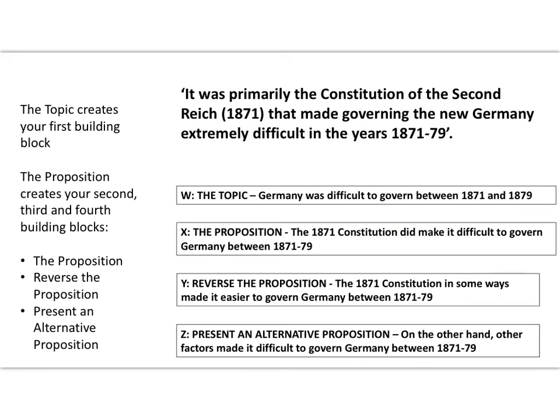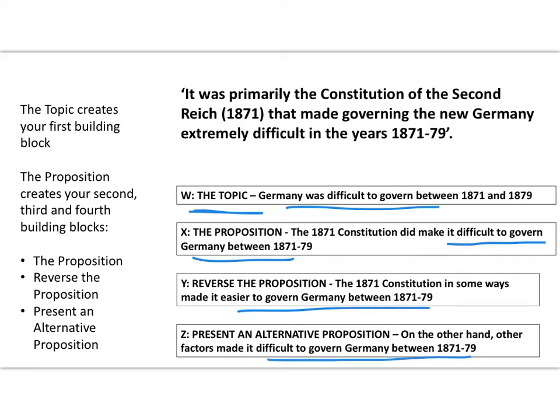So there is our topic. Germany was difficult to govern. And you'll notice here as well that even when we move into parts X, Y, Z of your answer, the topic is constantly there. It's the running thread. So the difficulties governing Germany between 1871 and 79 is the running thread that links your answer together.